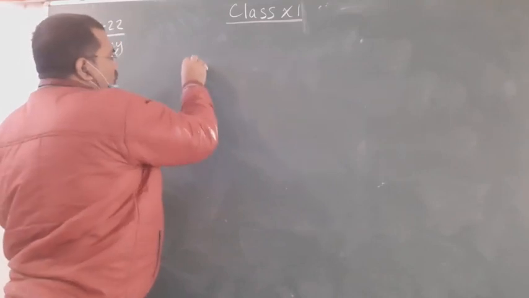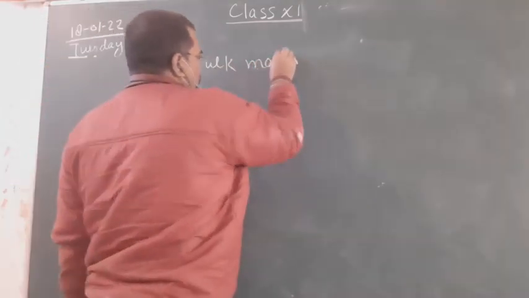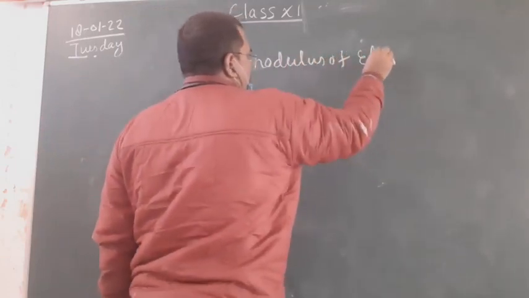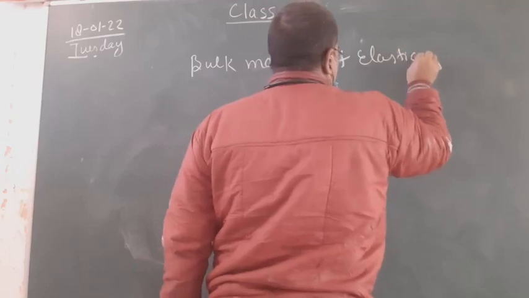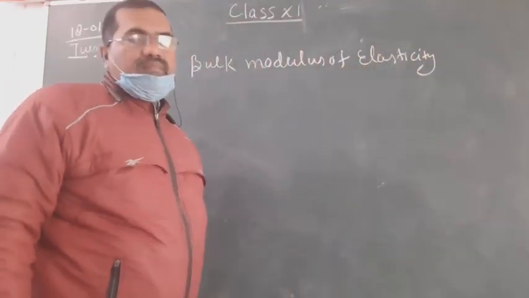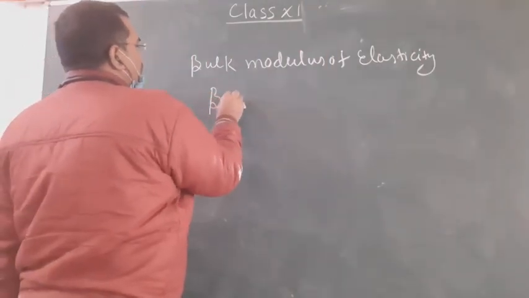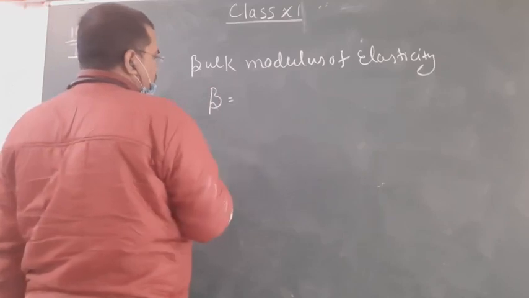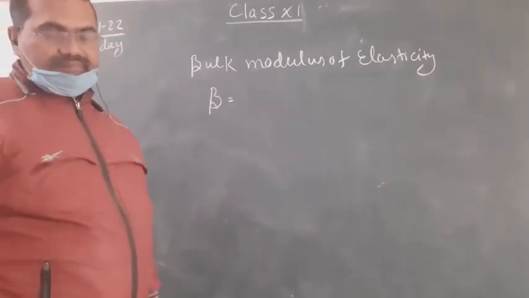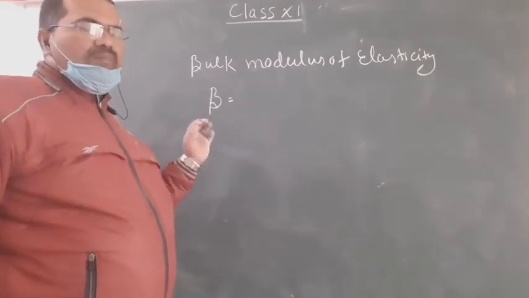Now move on to bulk modulus of elasticity. Bulk modulus of elasticity means beta equal to... Beta is used for a volumetric body.